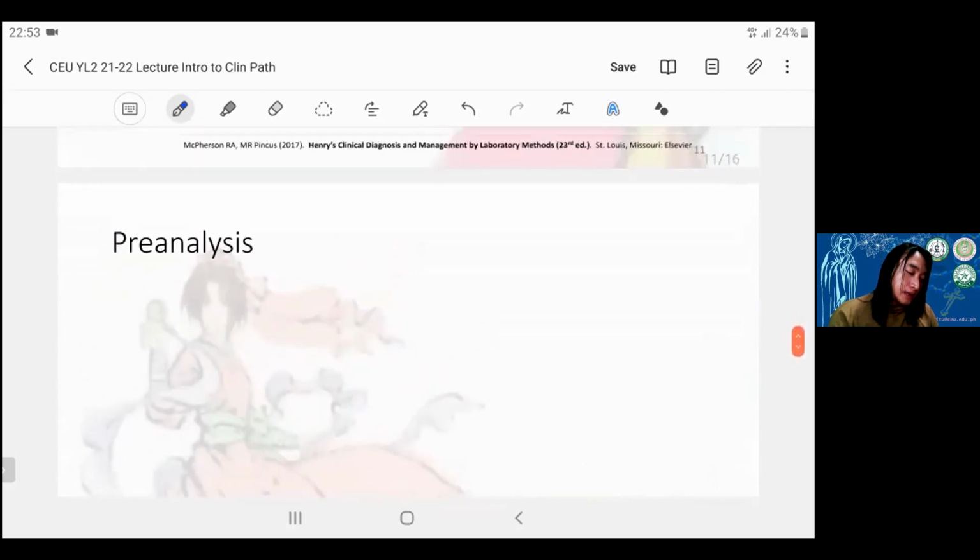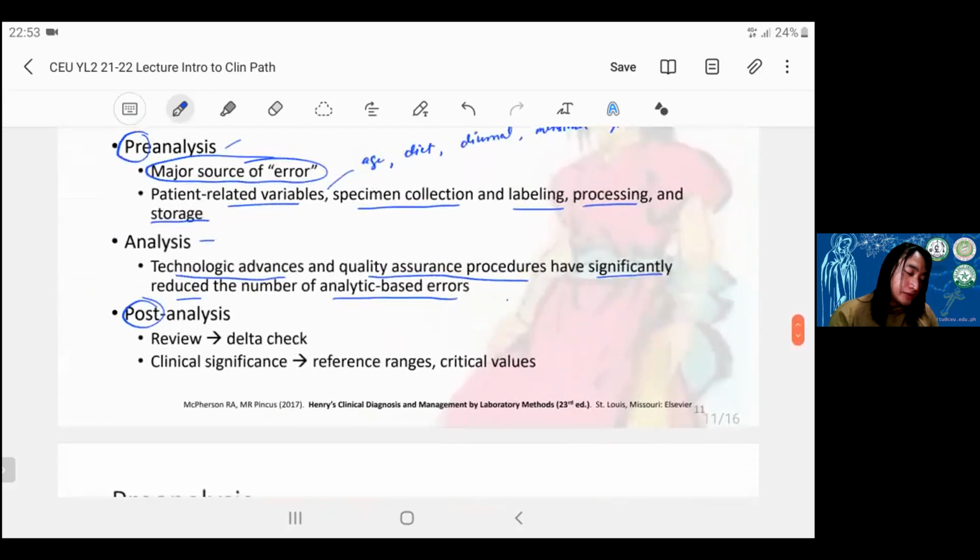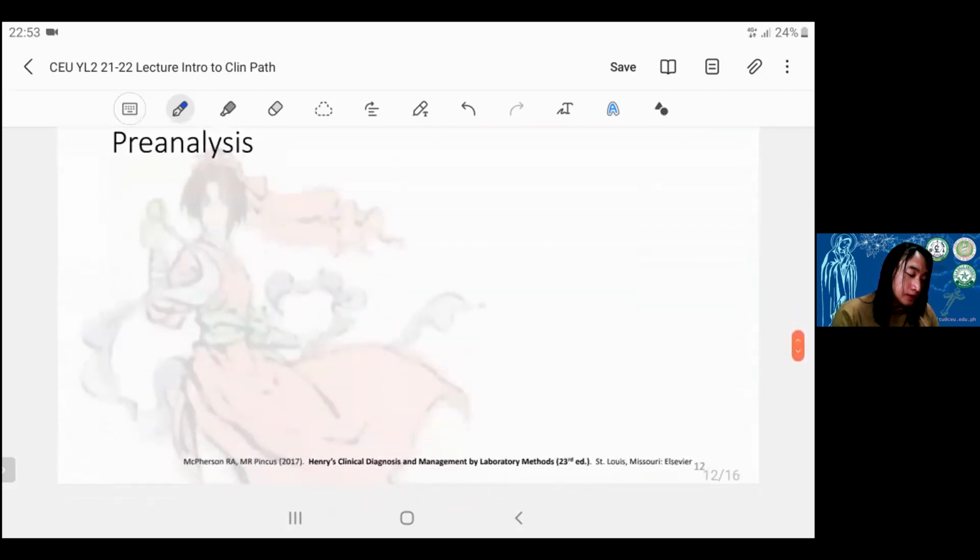So in pre-analysis, let me give you an example. We know that your cell would maintain potassium intracellularly while sodium extracellularly.